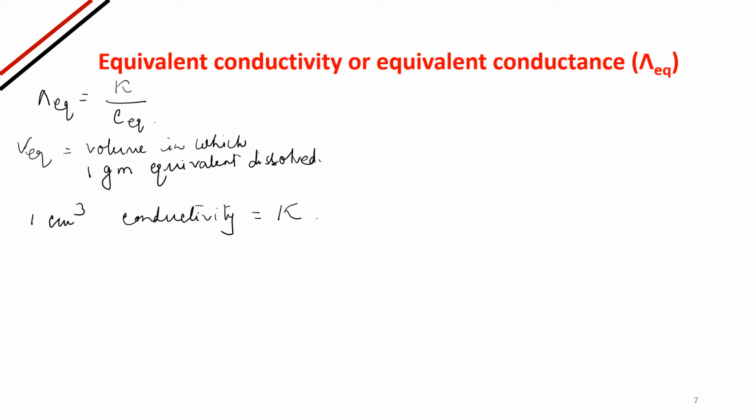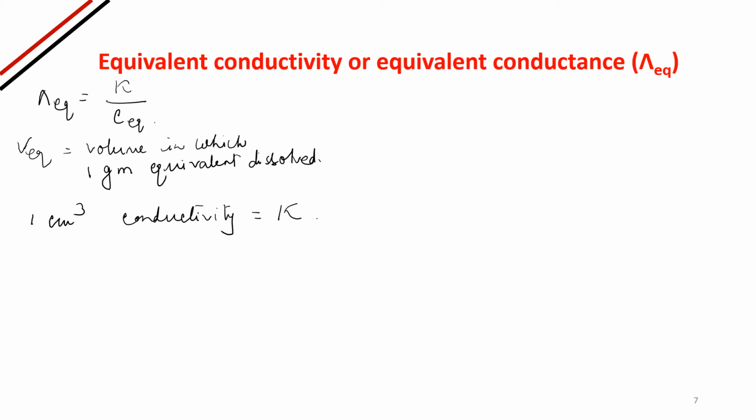Specific conductivity means it is the conductivity of ions present in 1 centimeter cube of the solution. You know that specific conductivity kappa is equal to the conductivity of the ions present in 1 centimeter cube of the solution. That means it is specific.